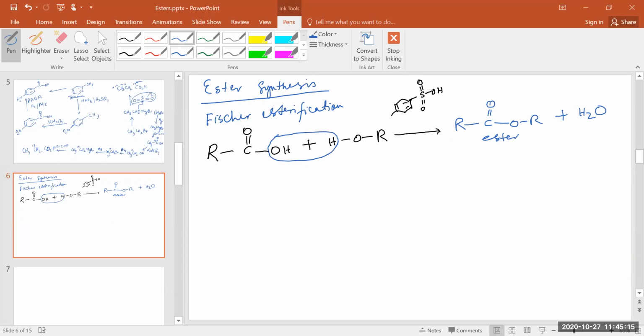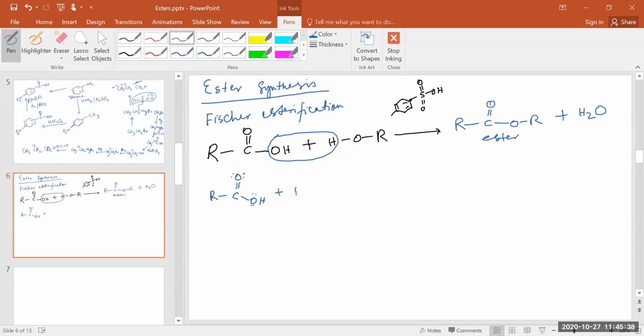So what is the mechanism for this? See the acid carbonyl is a nucleophile. Here you have 4 lone pairs on 2 oxygens.